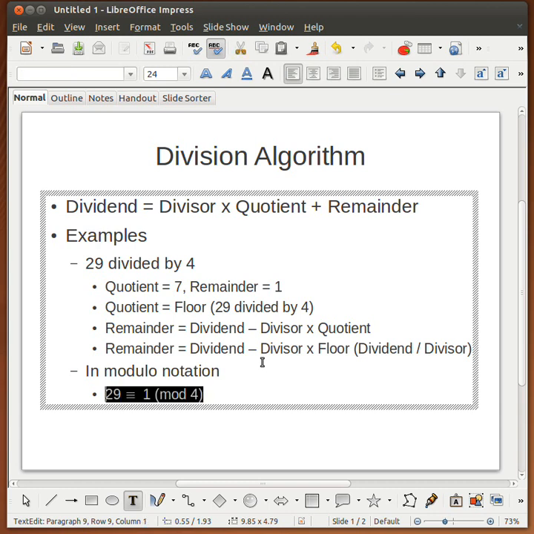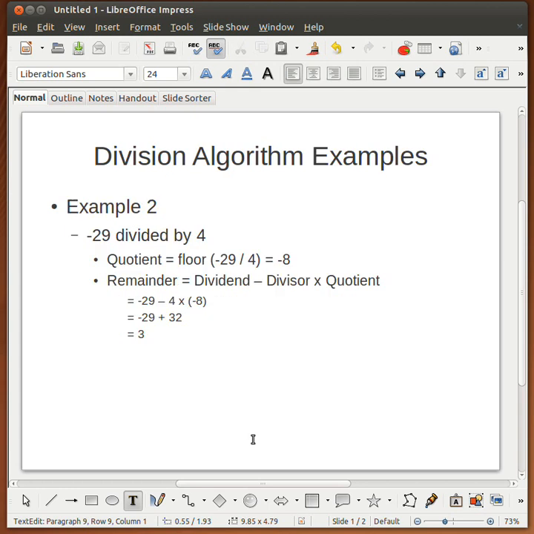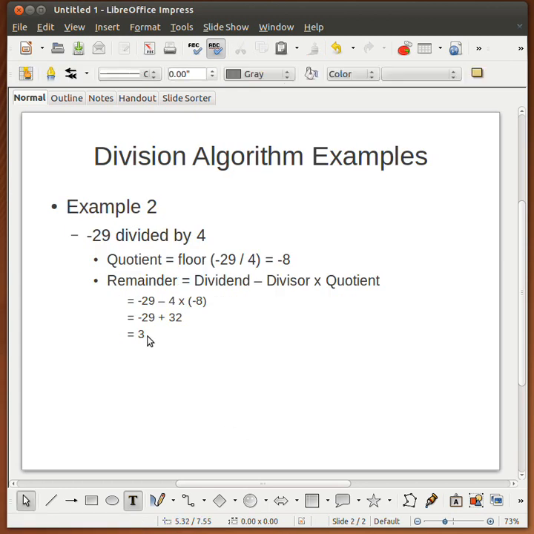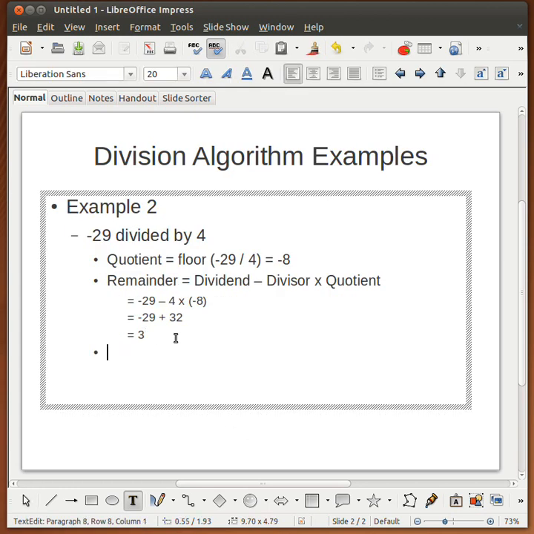And if I use this in the next example, I would get something like this. In modular notation, negative 29 would be equivalent to plus 3 modulo 4.